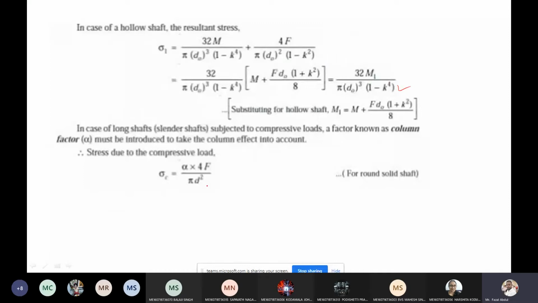Now, in case the shafts are very lengthy, there is a chance of buckling of the shaft. Because of that, one column factor we need to consider.